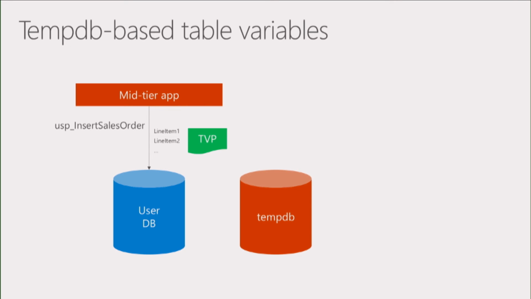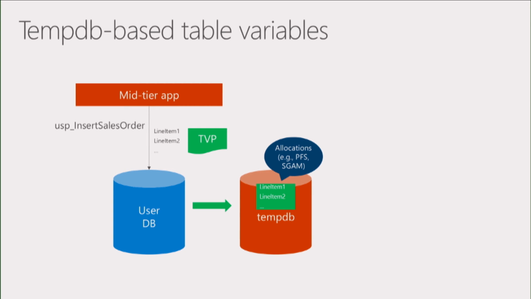And because I have a number of line items that is not a fixed number, it is variable between requests, I'm using a table valued parameter for that, which is the typical way you would send data to the server in this kind of scenario. So what happens under the hood is we actually create a data structure inside TempDB to represent this table valued parameter for further processing, right?